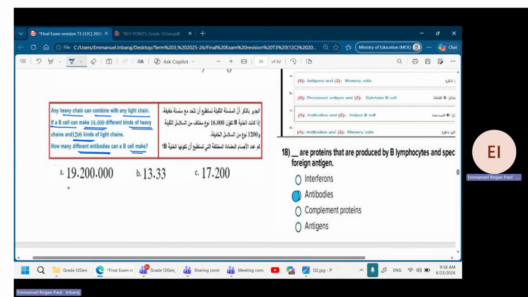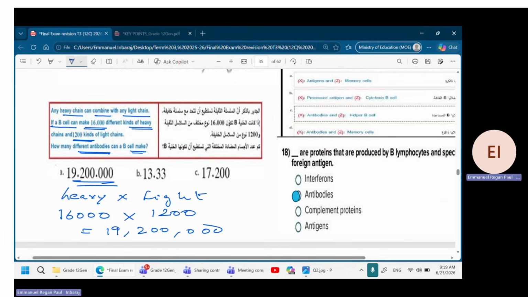The formula is heavy times light. How many heavy? You have 16,000 times, how much is light? Light is 1,200. So 16,000 times 1,200 will give you 19 million 200 thousand. Yes, this is your answer.